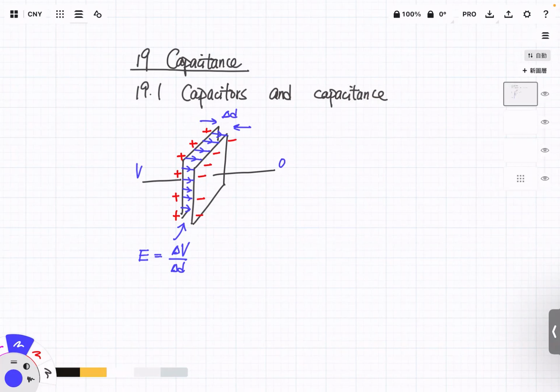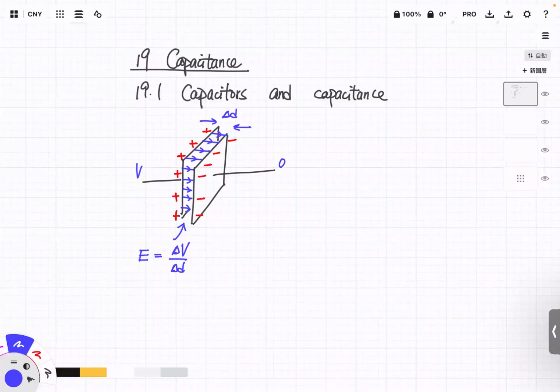However, this so-called configuration of having two parallel metal plates is already actually a capacitor. So what is really this capacitor? It will be just two parallel metal plates.